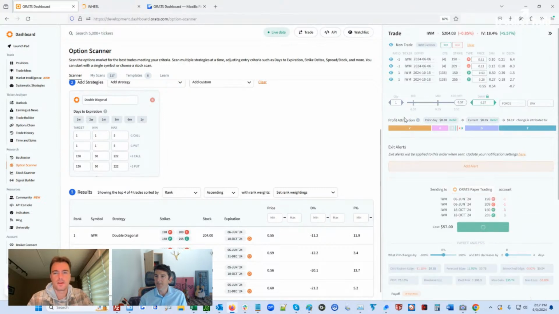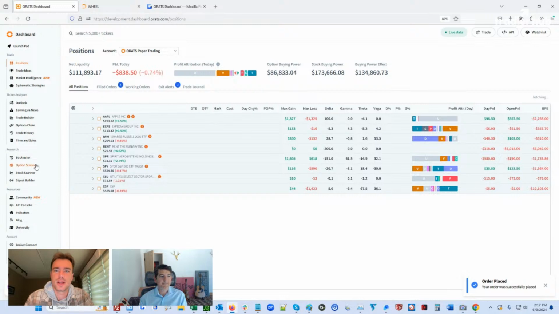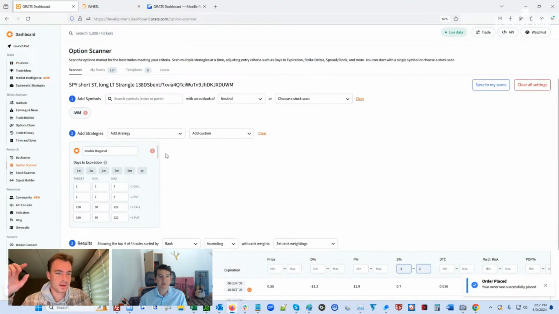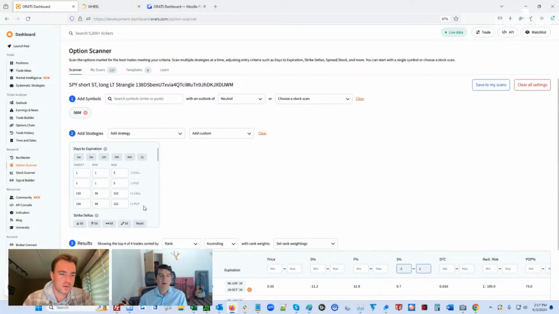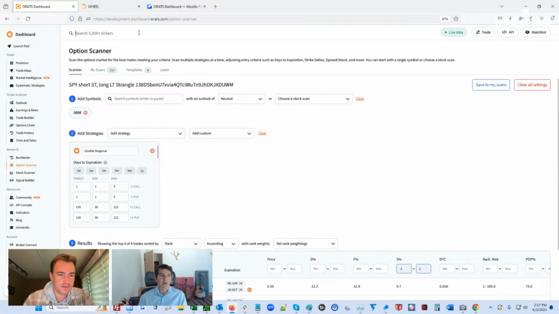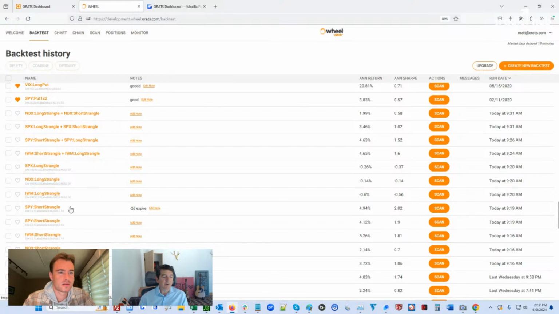Can you go over again why you're setting up these really long dated trades? Like, why isn't it any shorter? Could I do a month away or 3 months? Yeah, you could, but we're looking at long strangles, right?